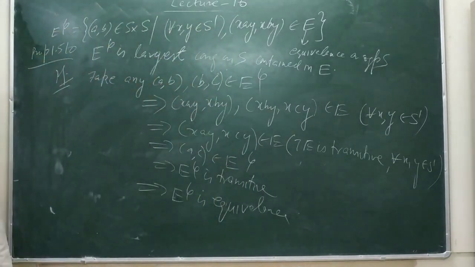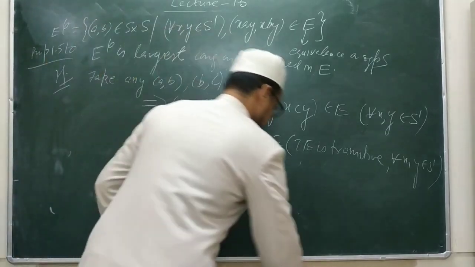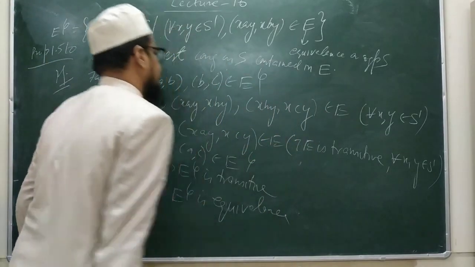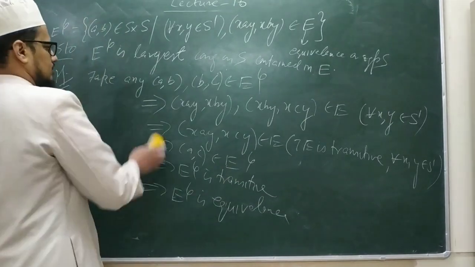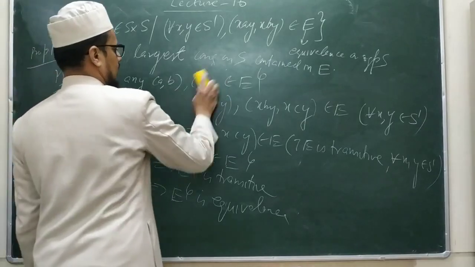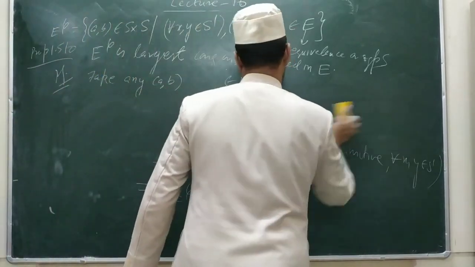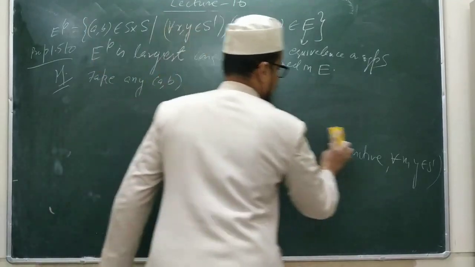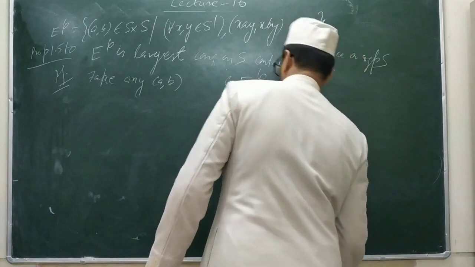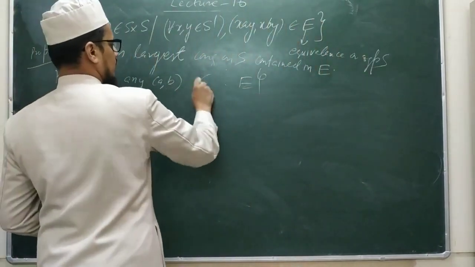Equivalence. Correct? Now we have to prove that it is right compatible as well as left compatible. Now take any A comma B belongs to E natural.